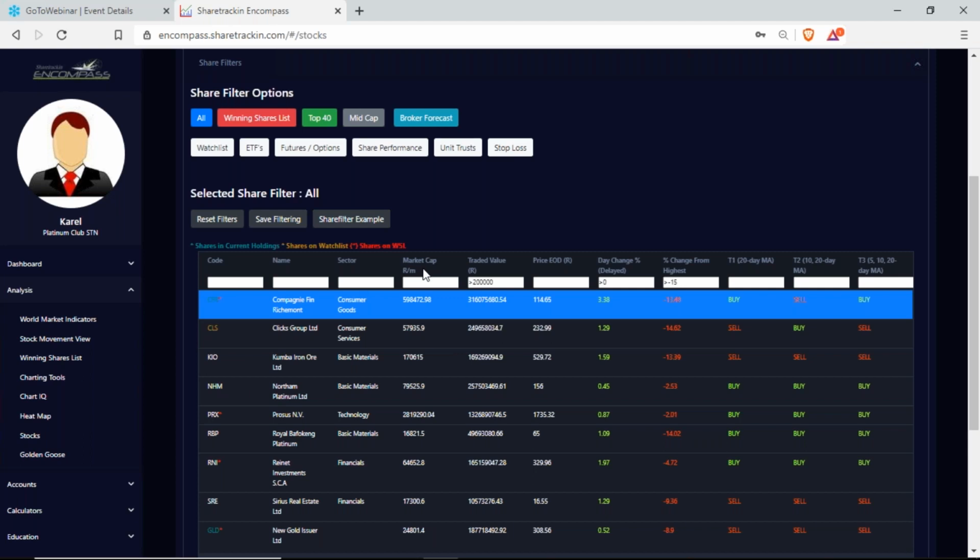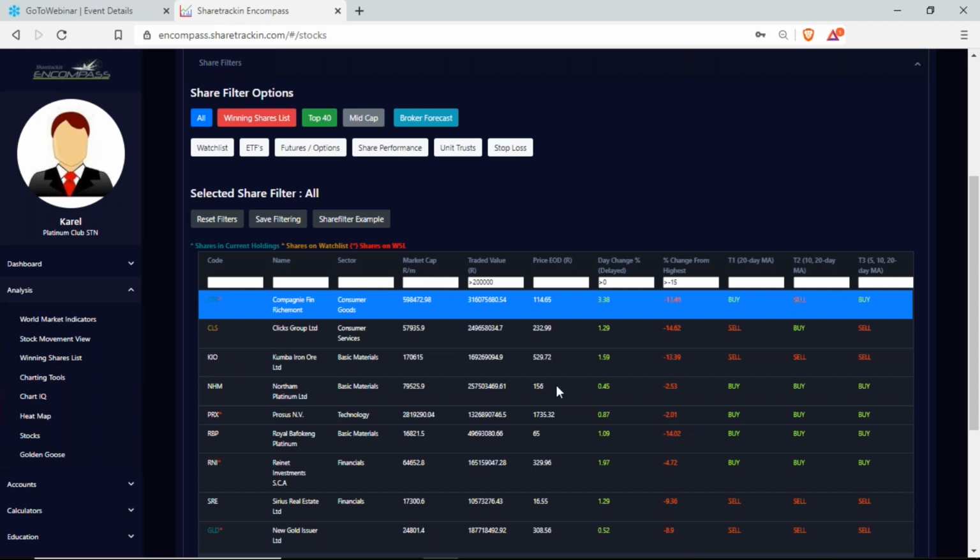Next, we have our market cap, rand in millions. So your market cap is the number of shares that is still available to buy in the value of rand in millions.